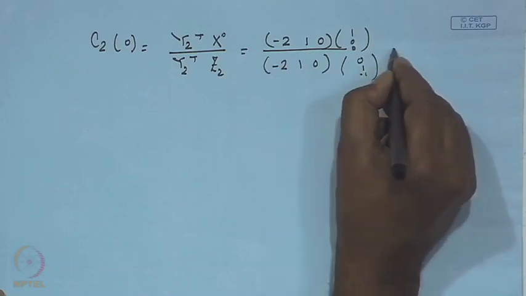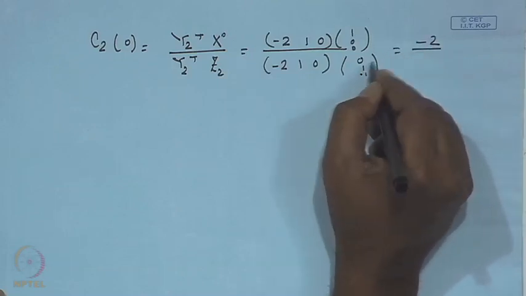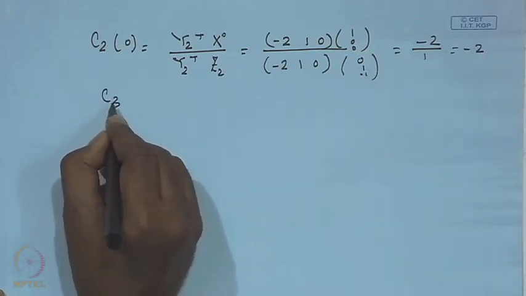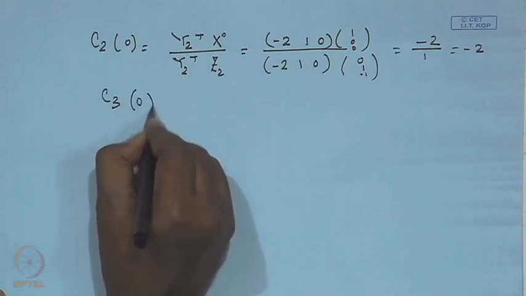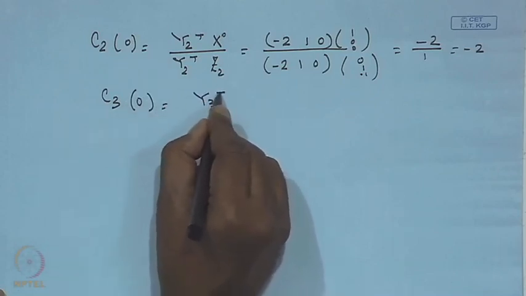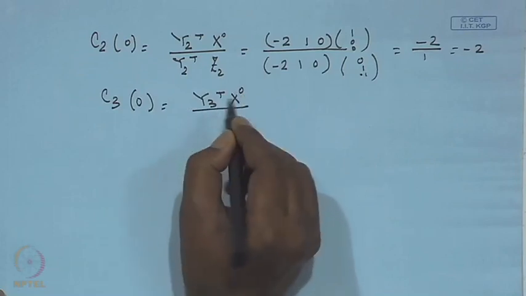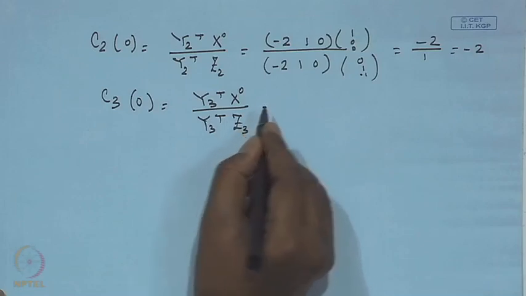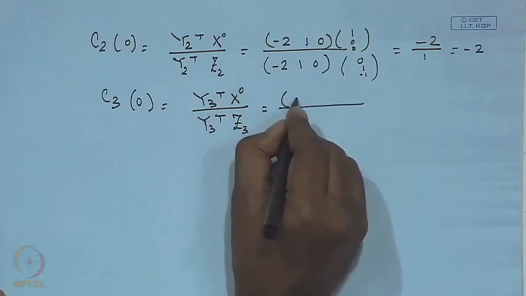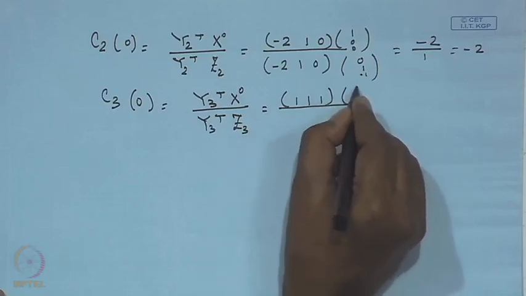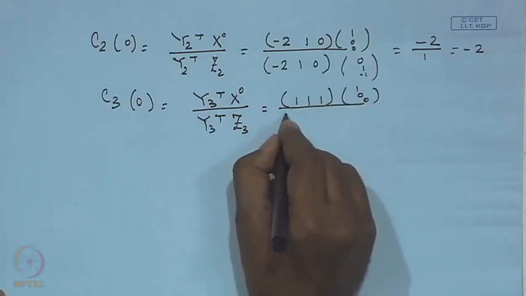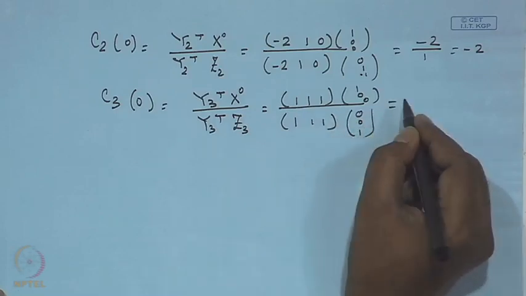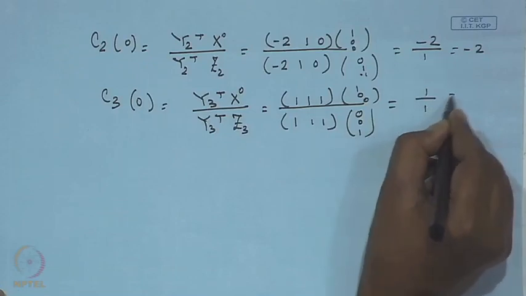So, this becomes -2 divided by 1, so it becomes -2. C_3(0) becomes y_3 transpose x naught divided by y_3 transpose z_3, which is [1, 1, 1] times [1, 0, 0] divided by [1, 1, 1] times [0, 0, 1], the third eigenvector. So, this becomes 1 and this is also 1, so it becomes 1.